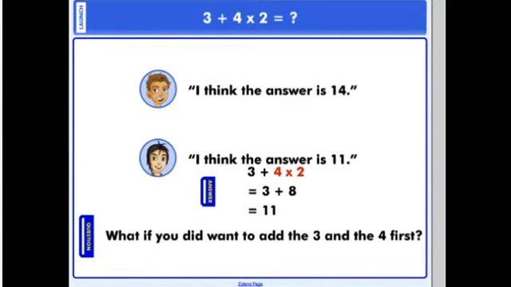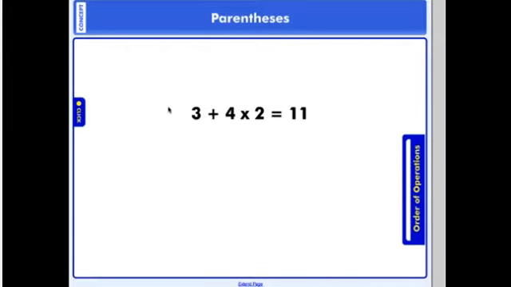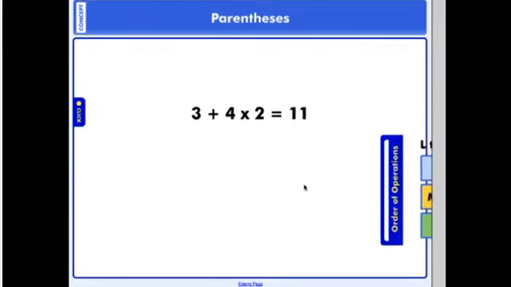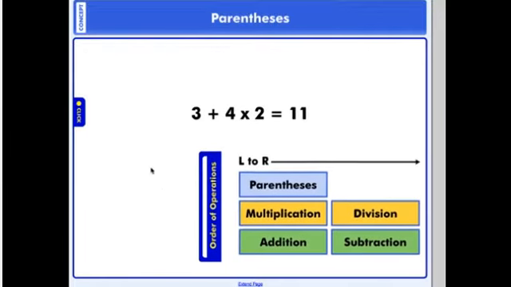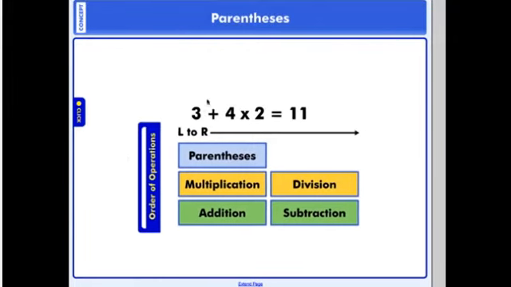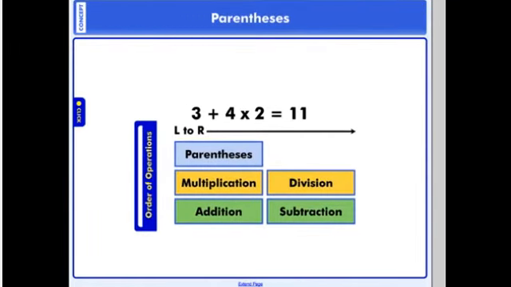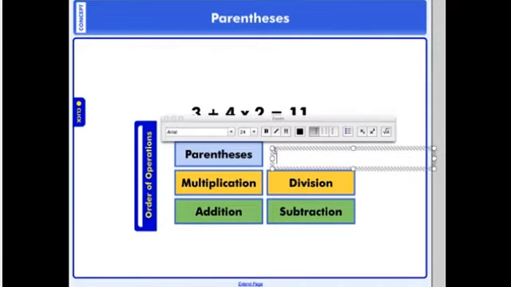Well, let's take a look at what those rules are. Okay? We call them the order of operations. Now, the order of operations work left to right still, but we have a certain order that things need to be solved in. I'm going to add one here that I see is missing.